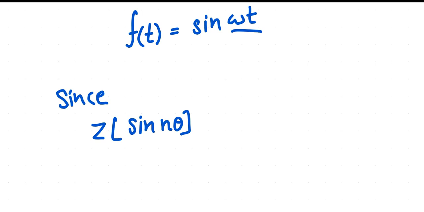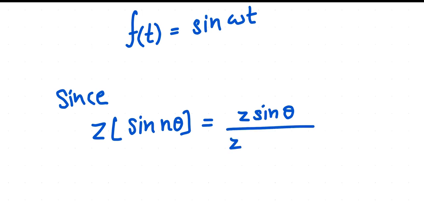So we will use it accordingly. It is equal to z into sine theta over z square minus 2z cos theta plus 1, if the absolute value of z is greater than 1.